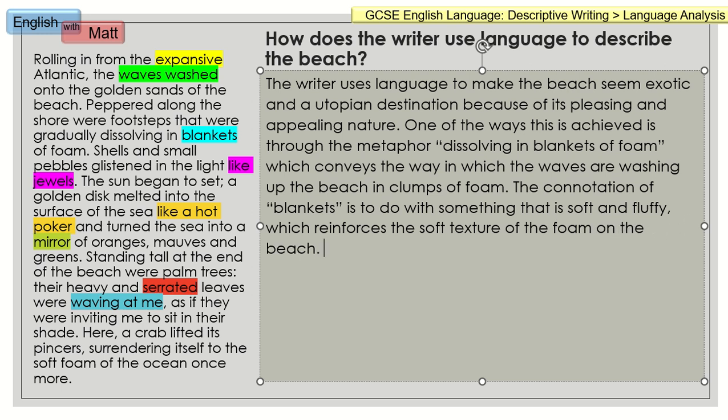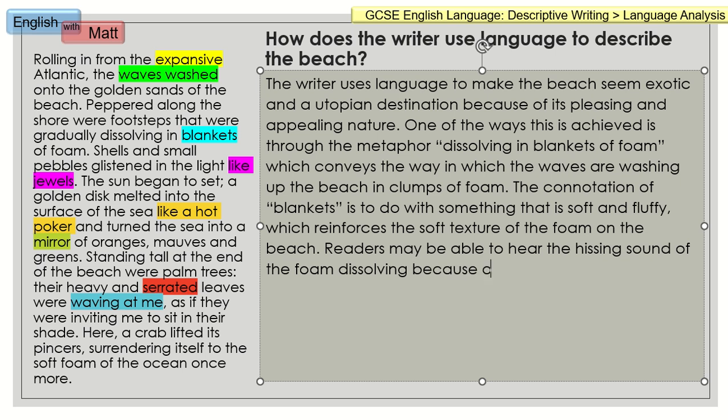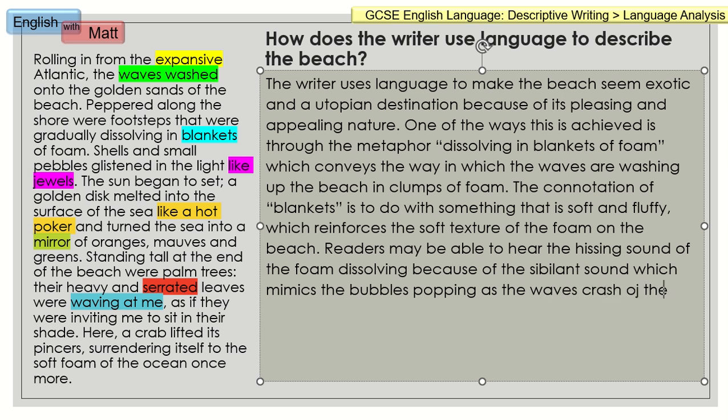Okay, readers may be able to hear the hissing sound of the foam dissolving because of the sibilant sound which mimics the bubbles popping as the waves crash on the beach.